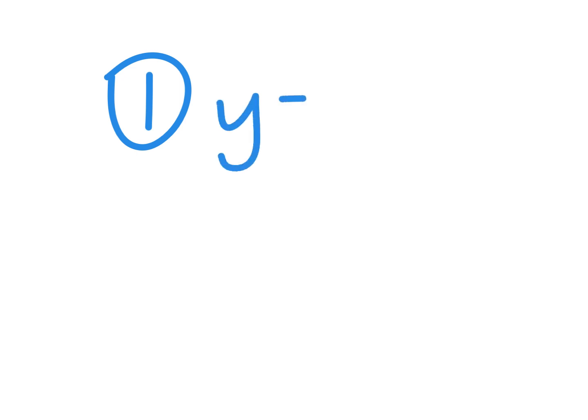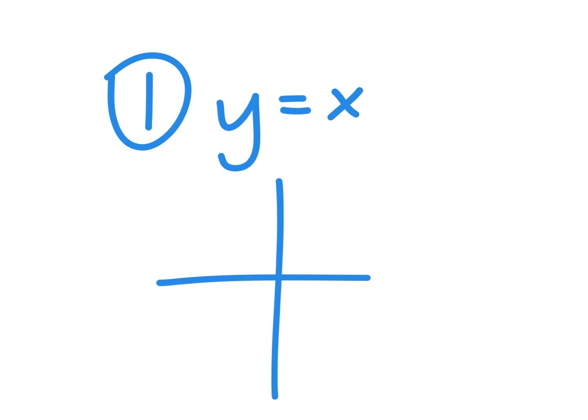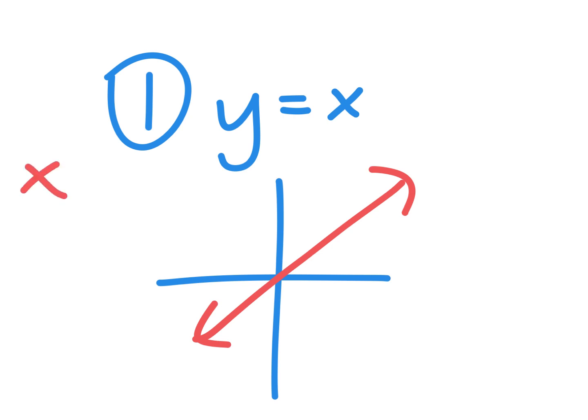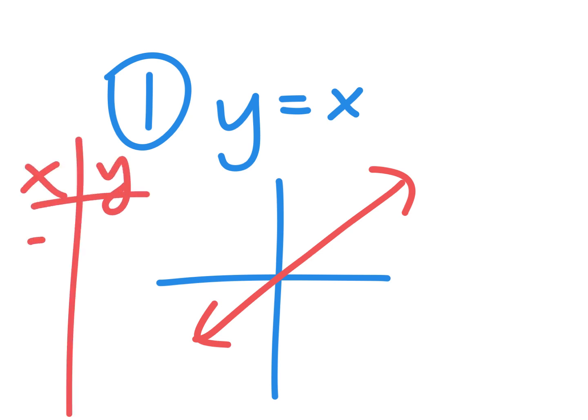Just y equals x. Do you know what that one looks like? You draw it in the air with your finger? Yep, just goes like that. So it looks like that. Did they just want you to graph it, or do they want an XY chart, or what do they want? Both? Okay, so then for the XY chart, I personally would just stick in -2, -1, 0, 1, 2.